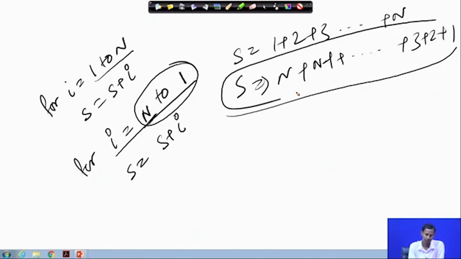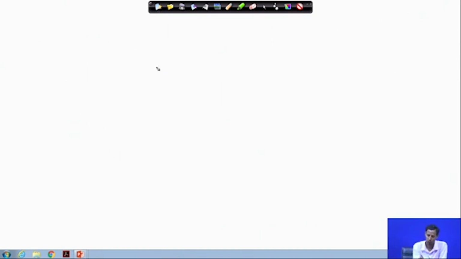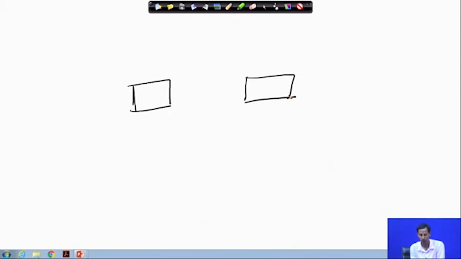So, if I change this logic from I equals n down to 1, and s equals s plus I, what will the architecture be? I need 2 registers now: this is S and this is I. I is now a decrementing circuit.